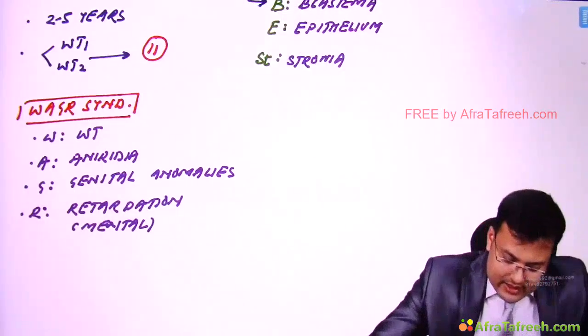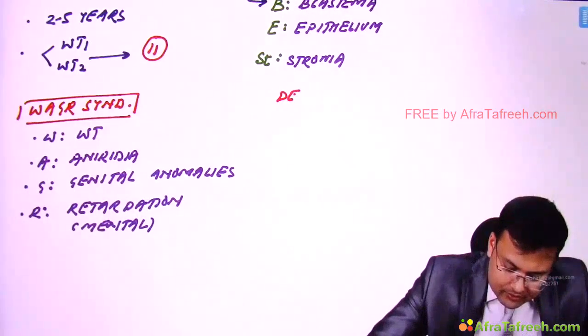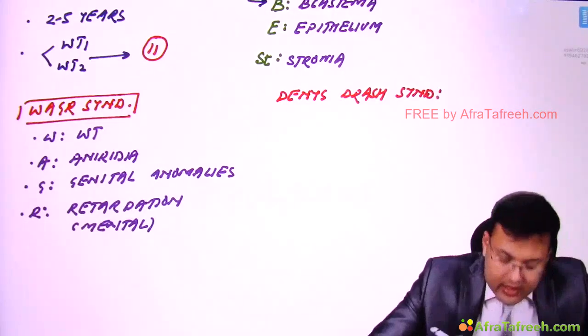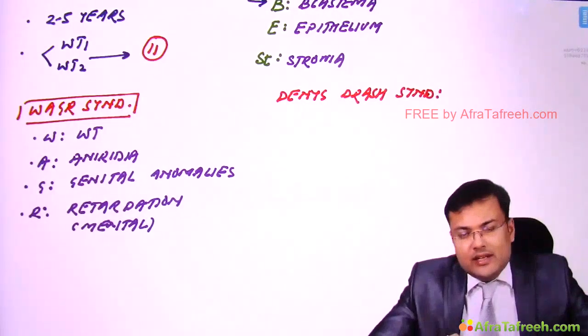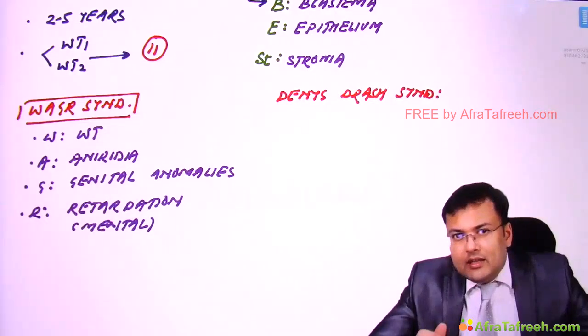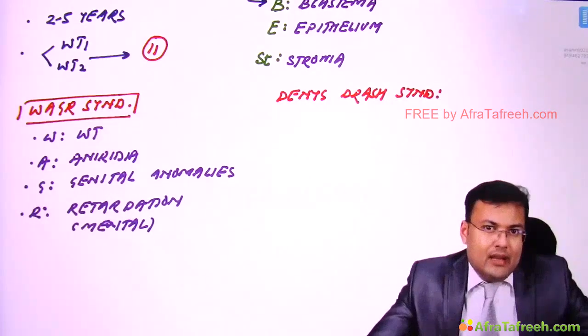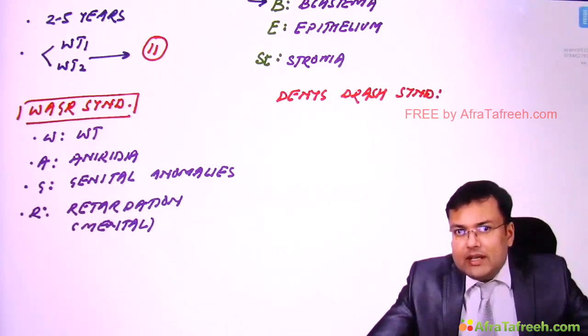Second is Denys-Drash syndrome. So see what are the components of Denys-Drash syndrome. These patients have gonadal dysgenesis. What kind? The patients have pseudo-hermaphroditism, and it's male pseudo-hermaphroditism.